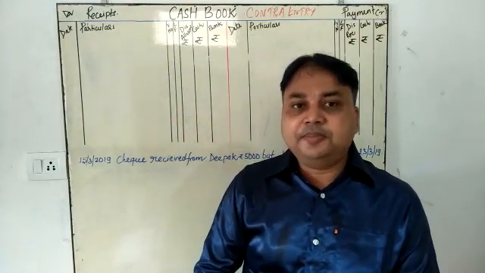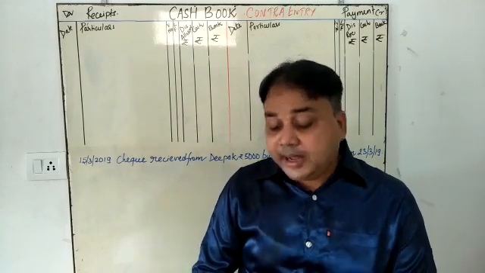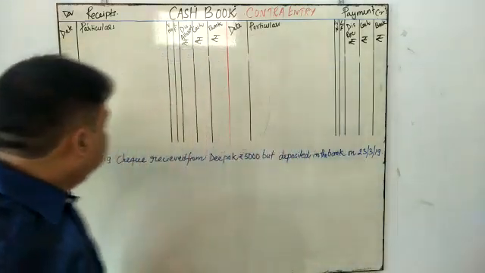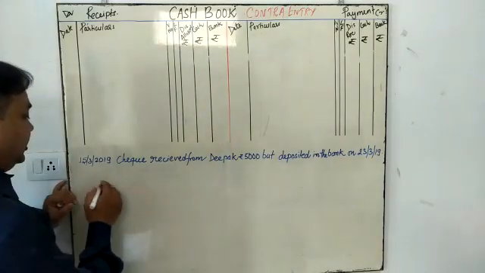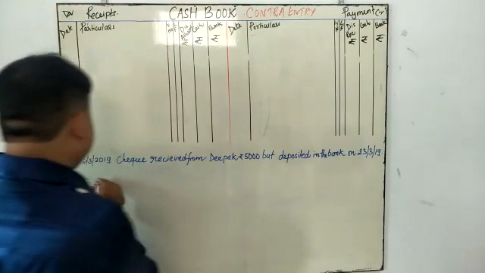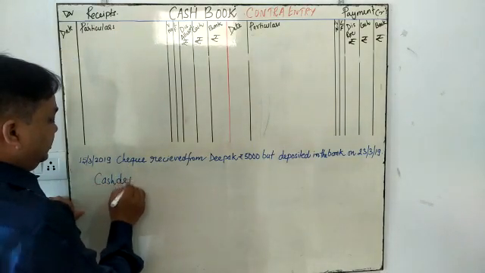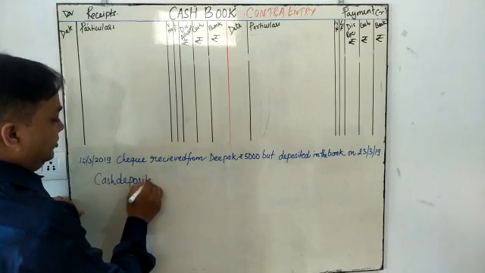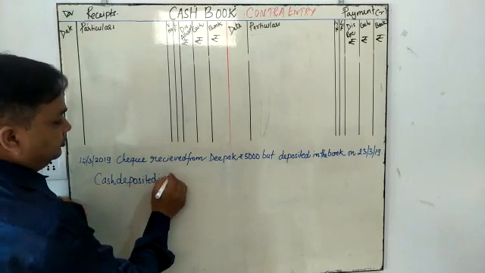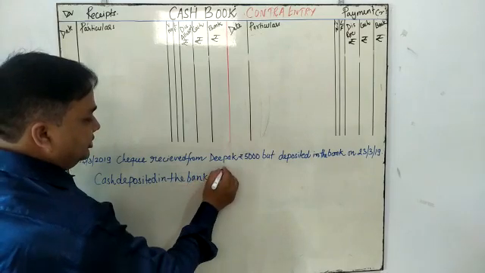The first example I am going to give you is cash deposited into bank. I am going to write here: cash deposited into bank. So what is the journal entry, my dear student?